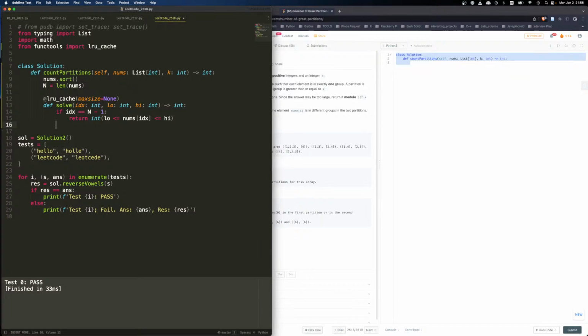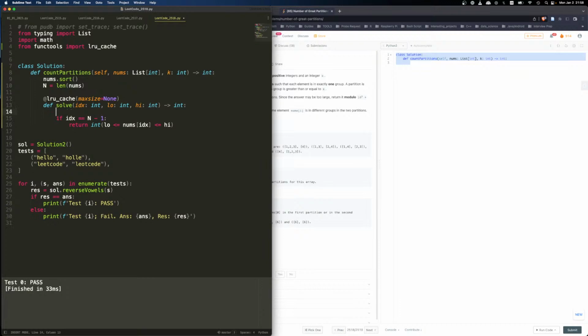So I know the current low and high. All right, and we say if low is larger than that, or larger equal to, I think that's working.